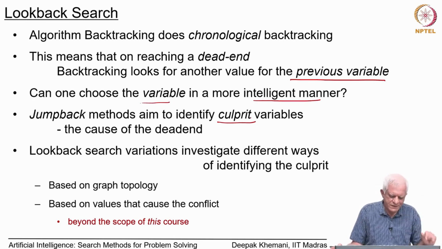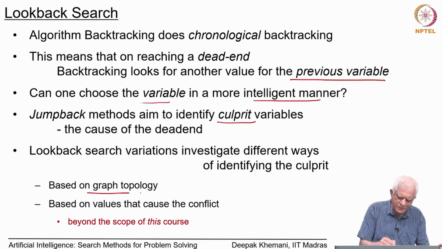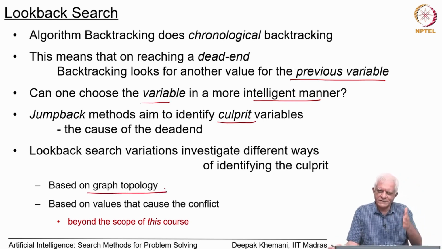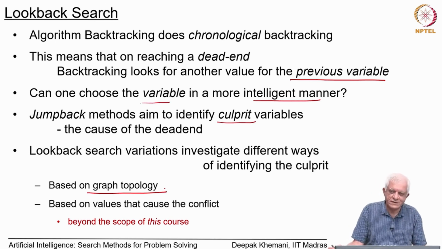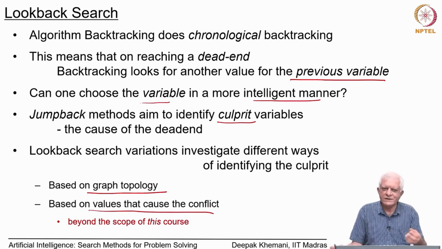Intelligent backtracking would jump back earlier essentially. And there are two kinds of methods, one which are based on graph topology, because the graph tells you which variables are related to which variables, but also there are methods which are looking at what values have we used up and so on, but we will not have time to go into this in this course.